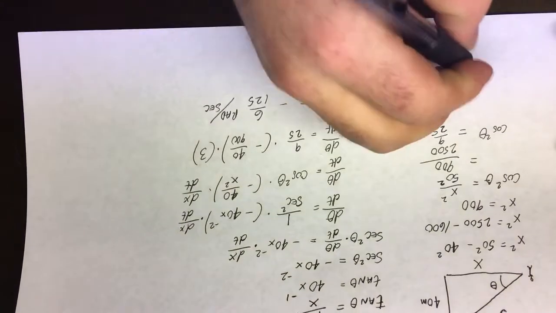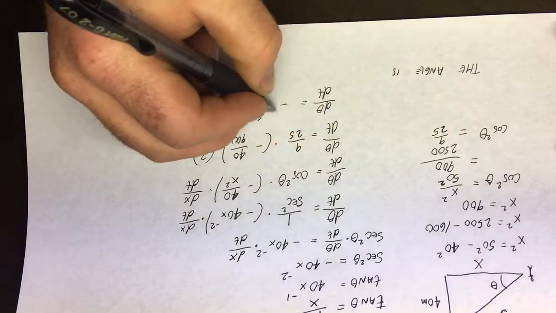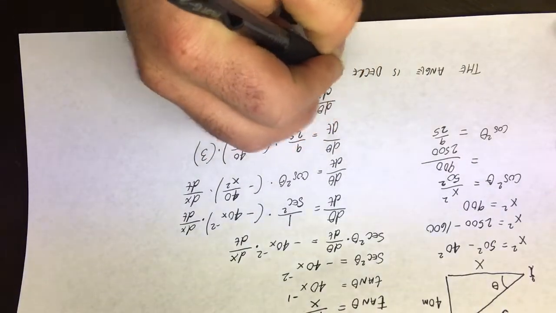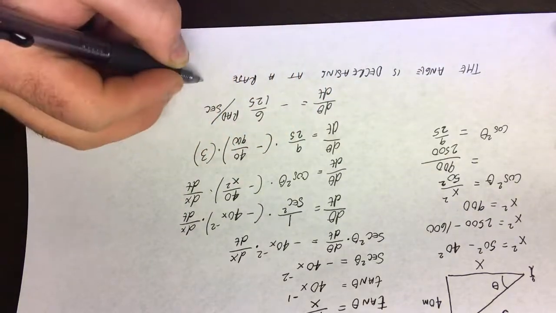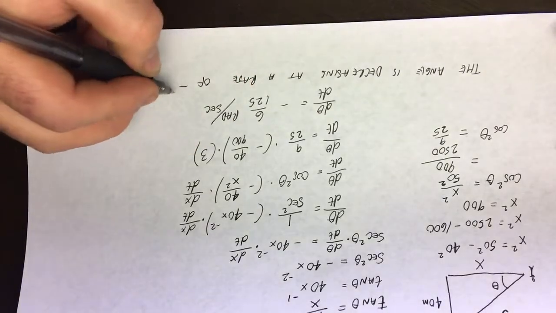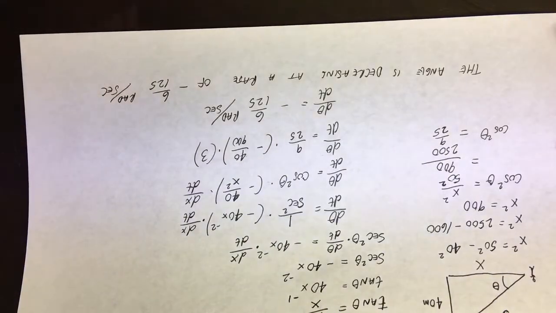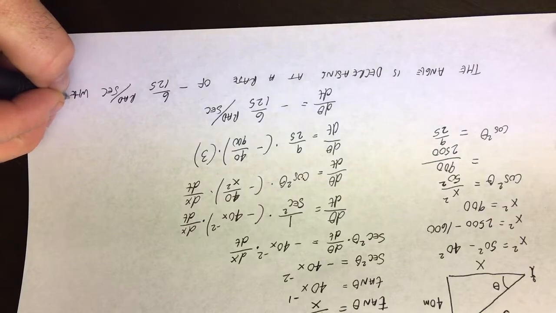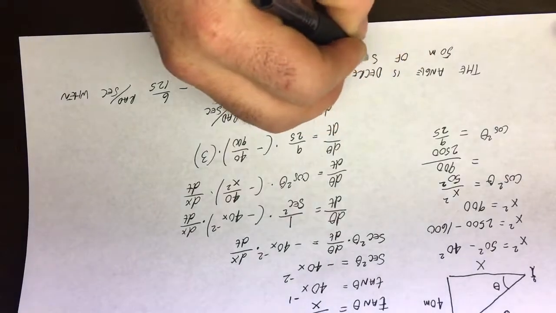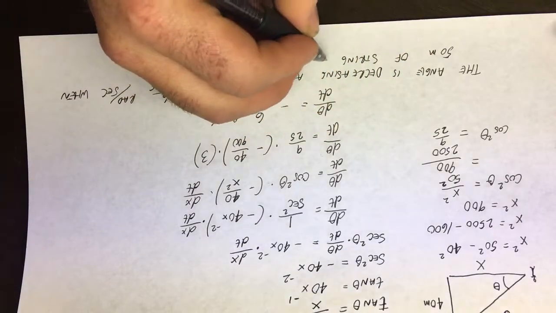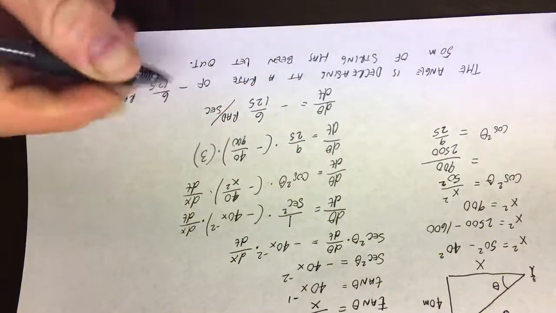As we look back to our problem, we can state that the angle is decreasing, because it's negative, at a rate of negative 6 over 125 radians per second, when 50 meters of string has been let out. And that is your final statement.